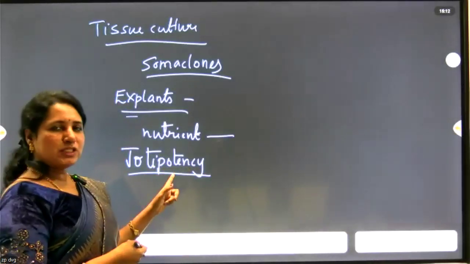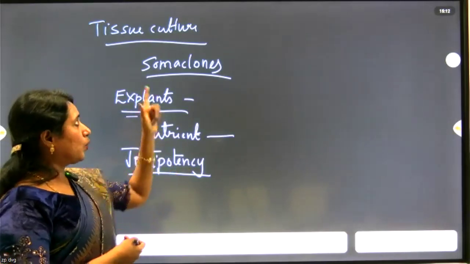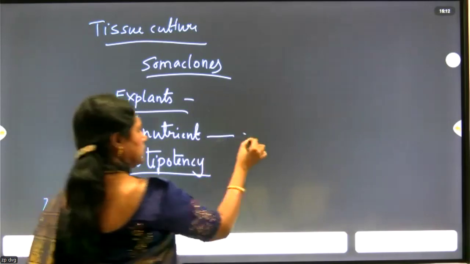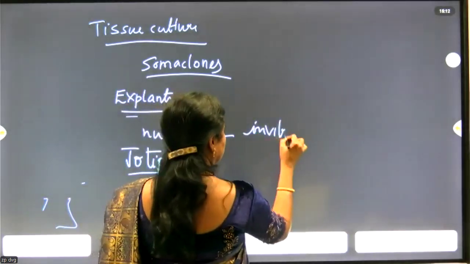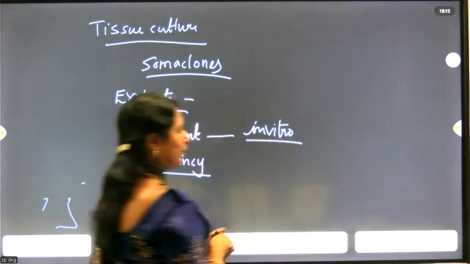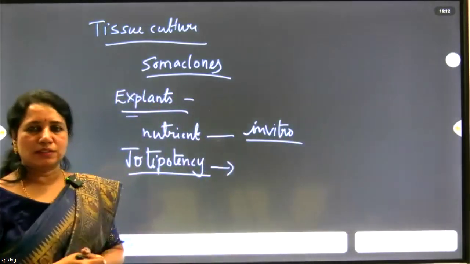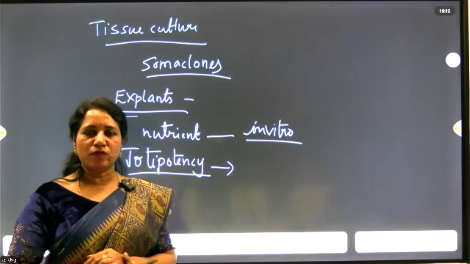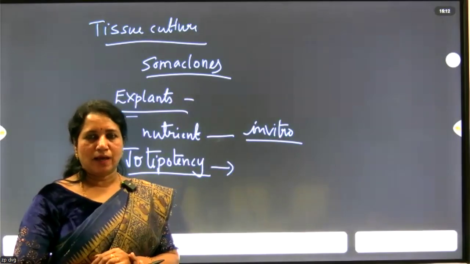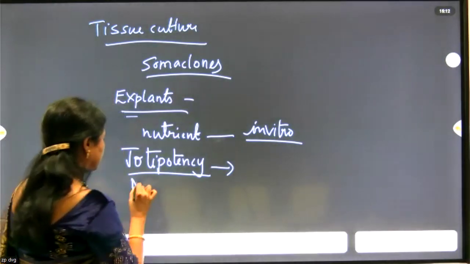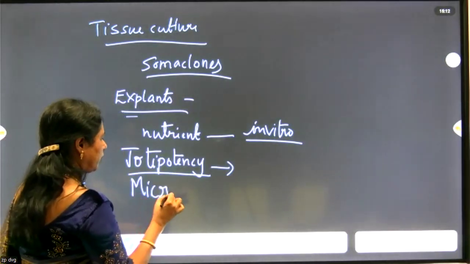By using this principle, the explants are grown in tissue culture, that is, in vitro culture. And we grow thousands of identical plants, and this method is called micropropagation.